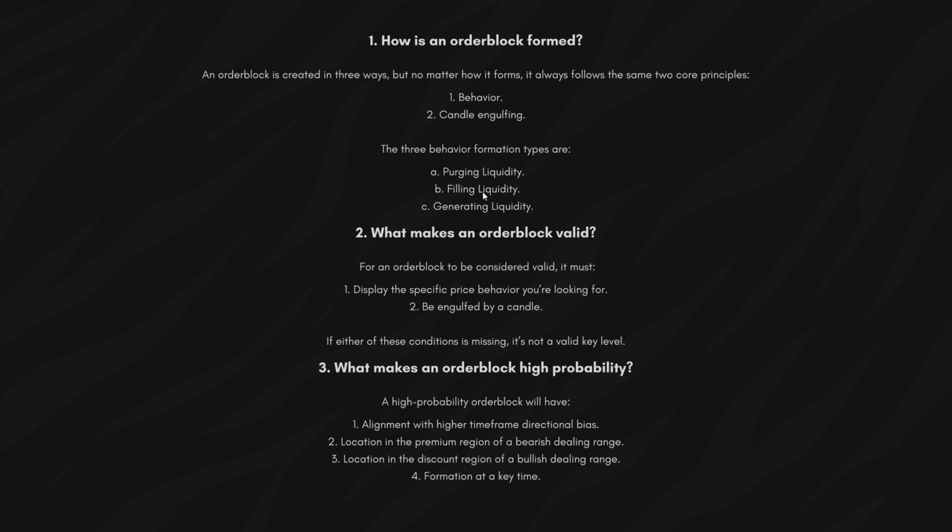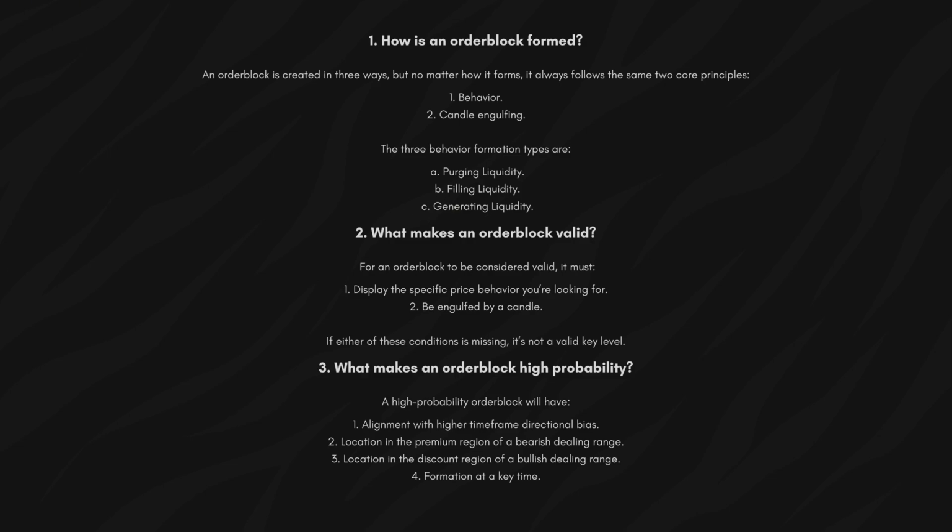So when a candle or a group of candles tests a key level, that is also one of the behaviors that could lead to their formation. And the third one is generating liquidity, and that is basically when a candle generates liquidity in the form of a CRT or a candle range, and then that candle range gets engulfed or purged, that also leads to the formation of an order block.